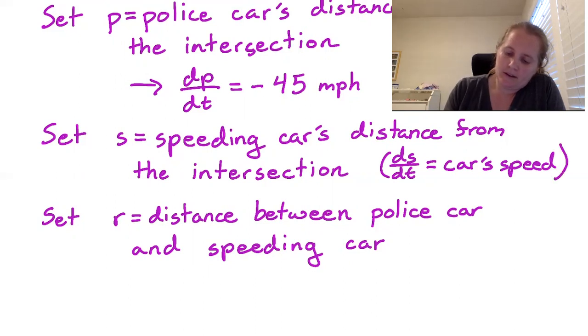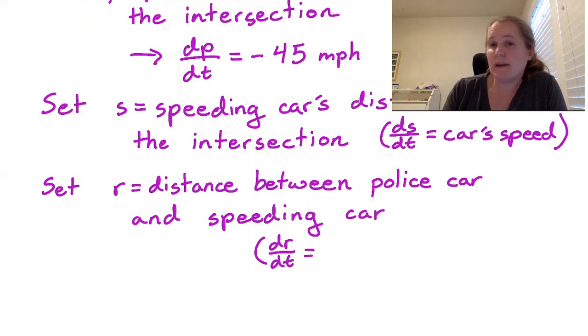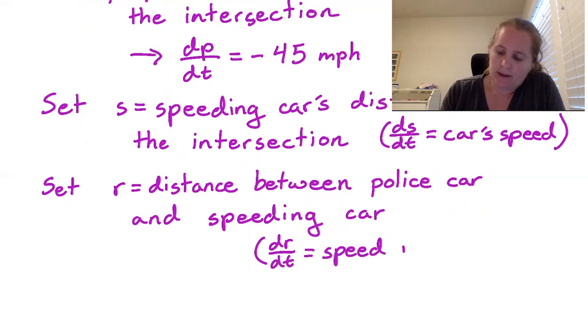And then dR/dt will be what the radar gun would read. So this would be the speed read by the radar gun.